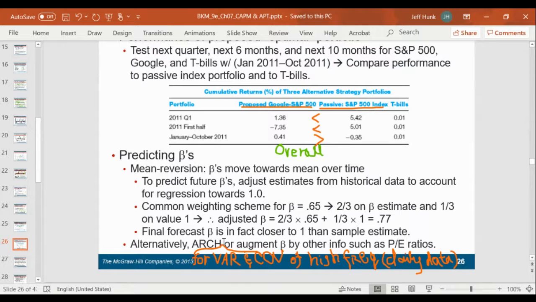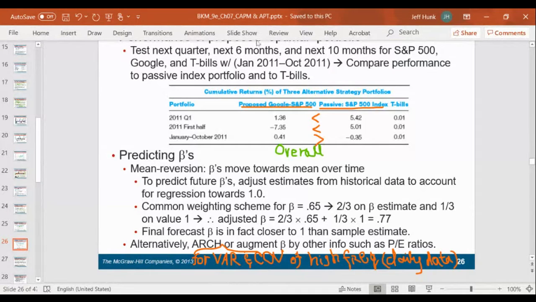I mentioned heteroscedasticity in passing in one of the past chapters. At this point in this course, we don't go too much into the econometrics. It's a whole separate subject in its own right.